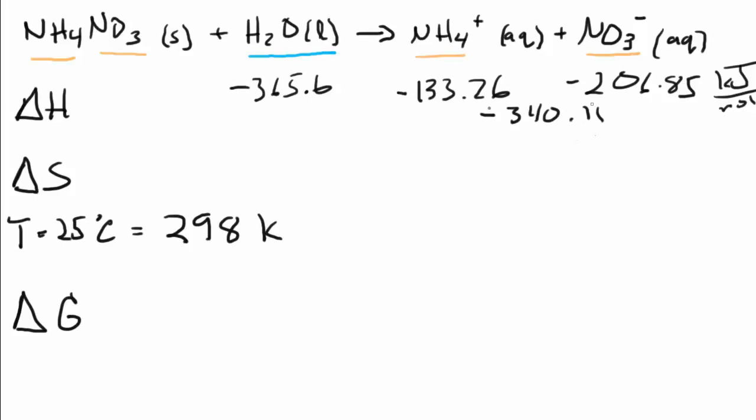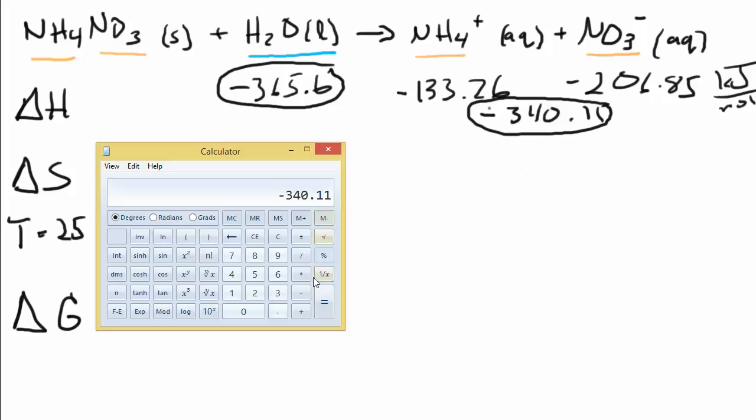So now it's the products minus the reactants. So hand it into calculator again, please. Oh, I've already got the products in there, sweet. So minus 365.6, and again, we got to make that negative, or else it's going to mess us up.